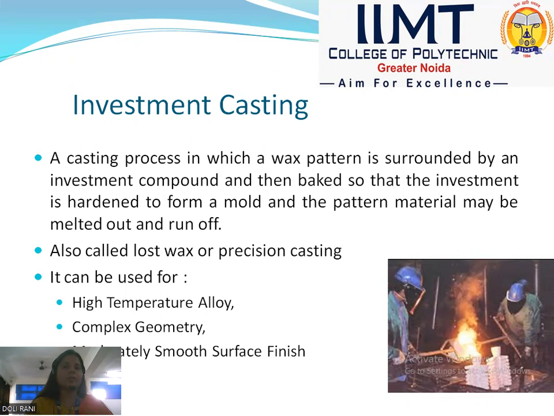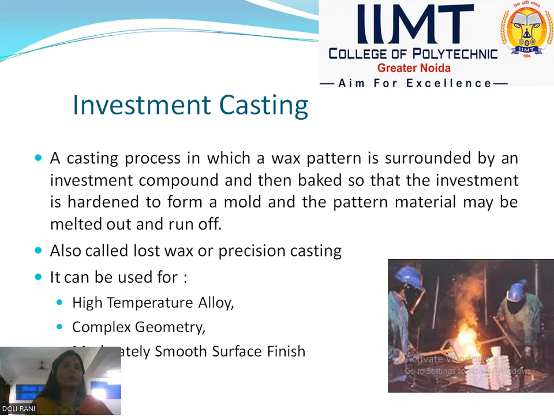And it is also called the precision casting process because it gives very good dimensional accuracy. Or we can say if we prepare the product by using investment casting, then no machining is required. That's why this process is used for preparation of gold jewelry. In ancient times, Egyptians used this process for preparation of gold jewelry.